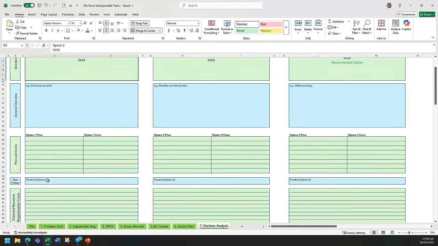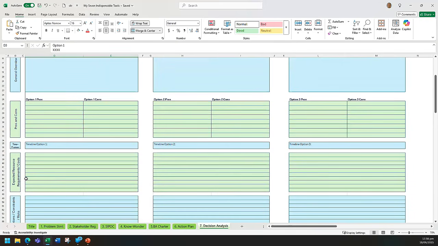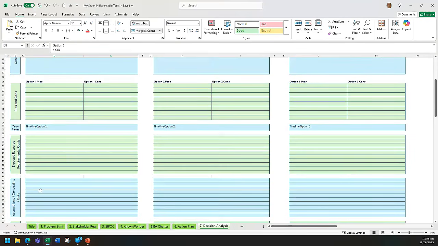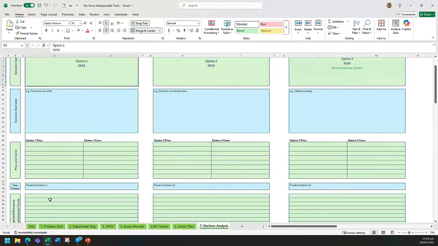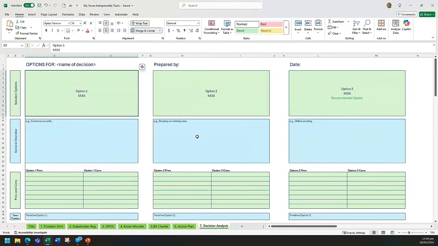And then, what's the timeline? How long will it take? What are the expected resource requirements and costs? Quite often in this case it might be pretty low, because it's the status quo. Then assumptions, constraints, and risks. And then the stakeholders who support it, and what sort of support do you get for that? Option two would be, well, we could develop an entirely new system or process or something like that.